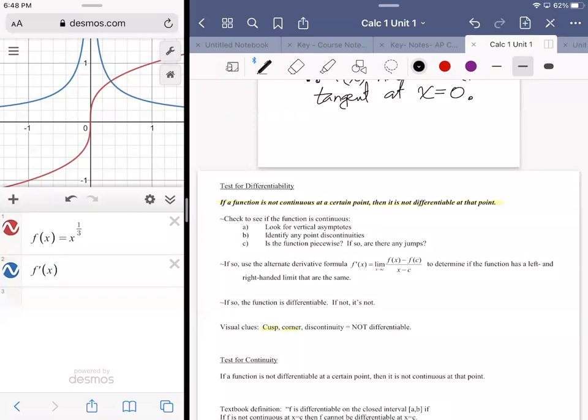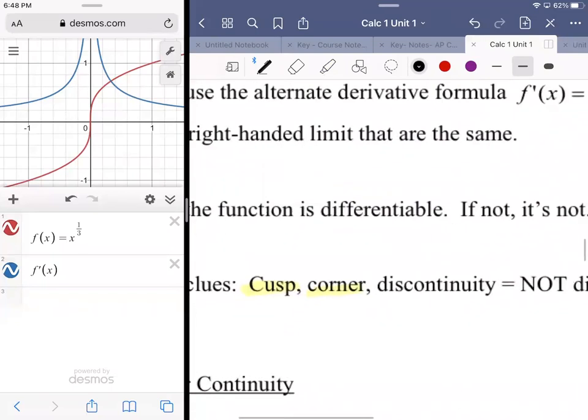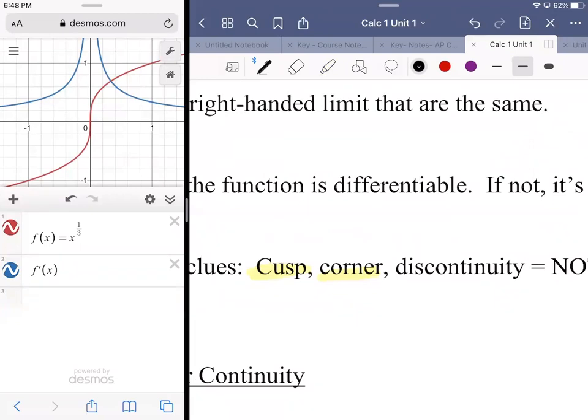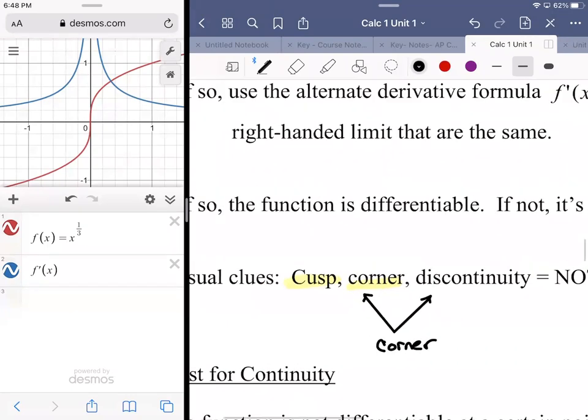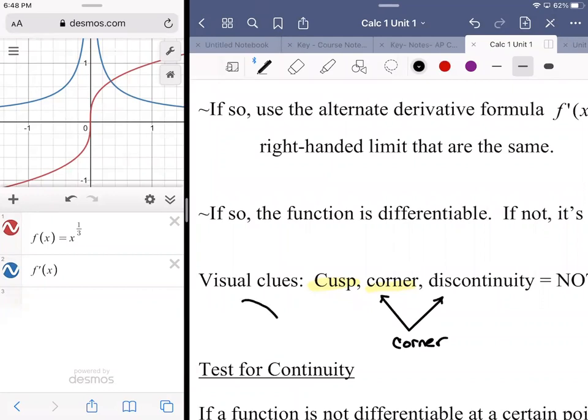All right. So let me just show you what a cusp looks like. A cusp, well, the corner is the easy one because it kind of looks the way it sounds. There are other variations of this, but here's an example of a corner. The cusp is an instance where it bows in to a point.